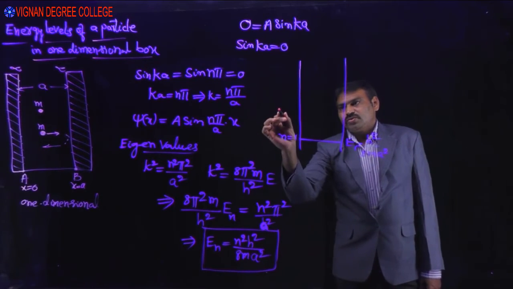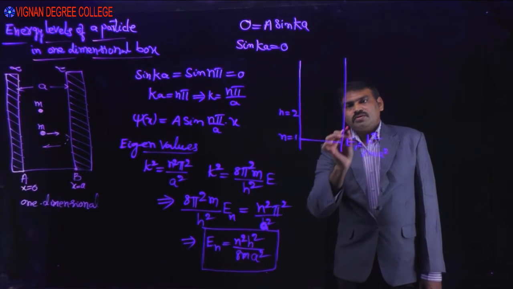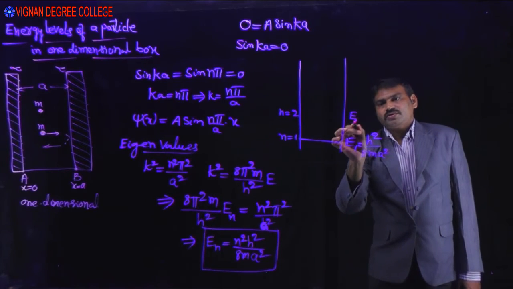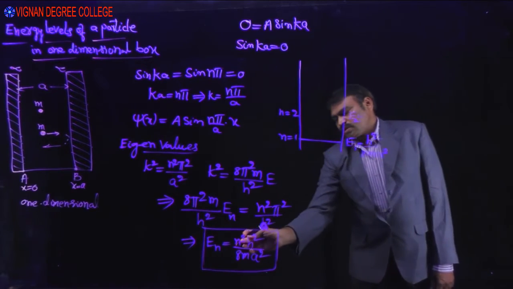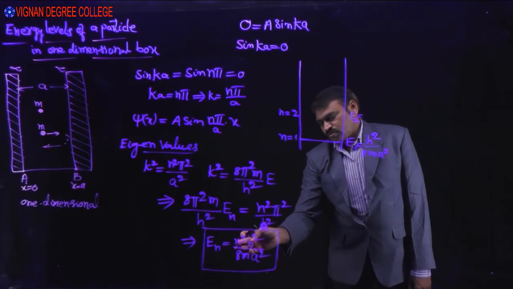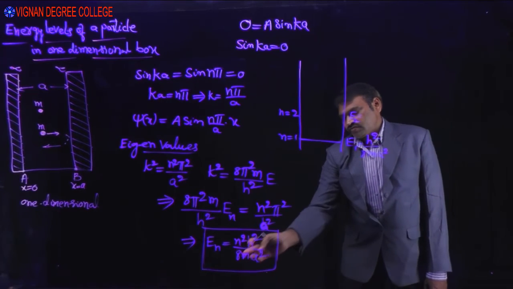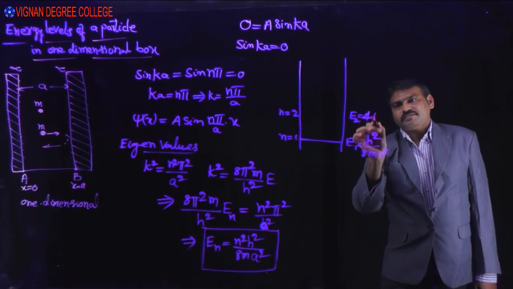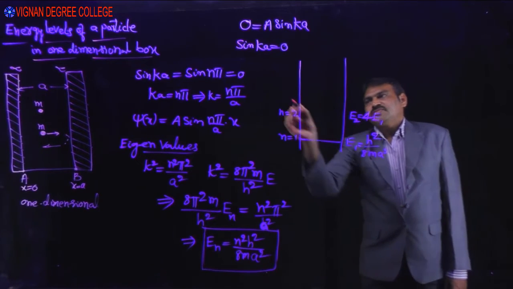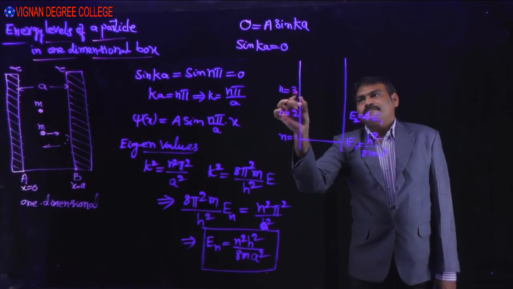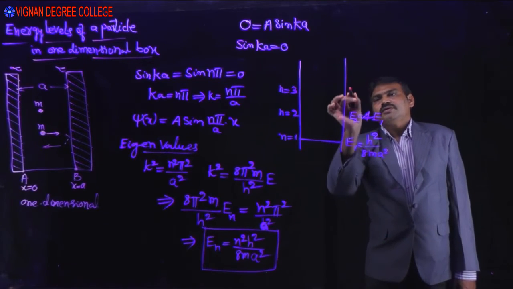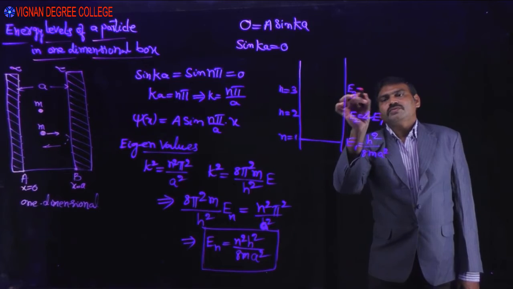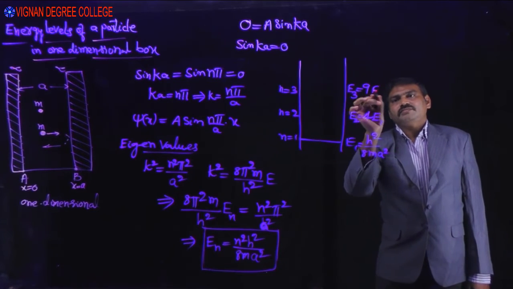If n is equal to 2, E2 is equal to 2 square, 4 h square by 8ma square, meaning 4 into E1. If n is equal to 3, then E3 is equal to 9E1.